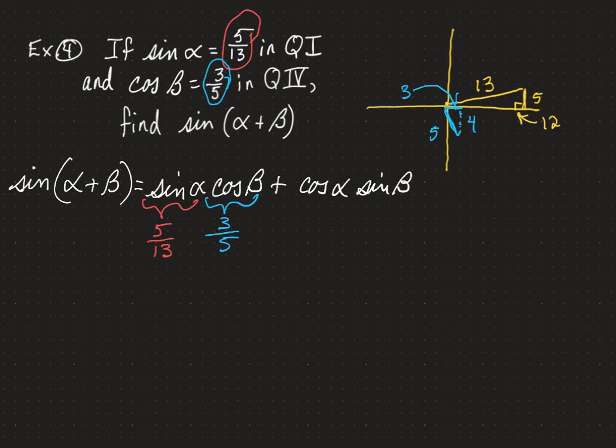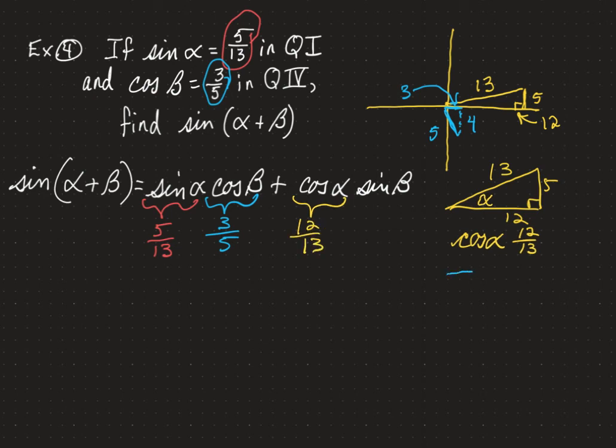Now, do I have cosine alpha listed? No, but I do have my triangle drawn now. Now I can look at this triangle and see that the cosine of alpha equals the adjacent over the hypotenuse. So I can put that in here. Now let me draw the other triangle a little bit bigger so it's easier to see.